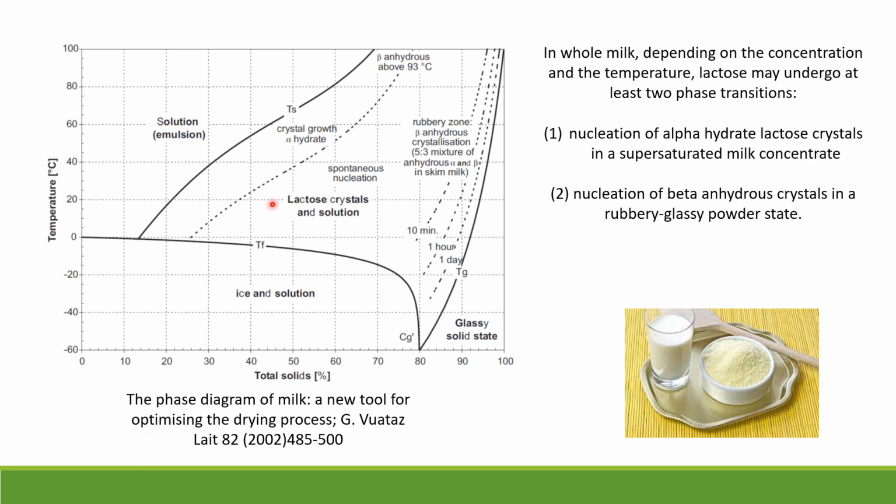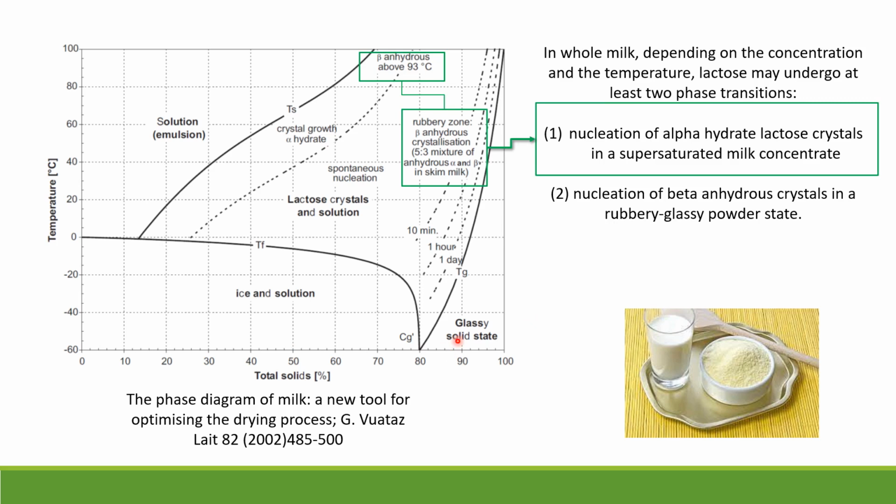Represented here is temperature on this axis, and total amount of solids on this one. Milk is water and a lot of proteins that are dissolved in this water, and these are visible solids.